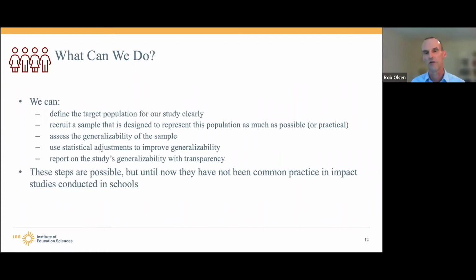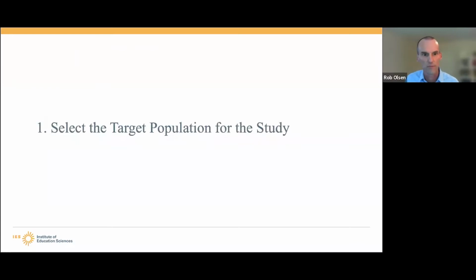We can assess the generalizability of the sample of those schools that agreed to participate. We can use statistical adjustments to improve generalizability, and we can report on the study's generalizability with transparency. These steps are possible, but until now, they have not been common practice as a collection in impact studies in education.